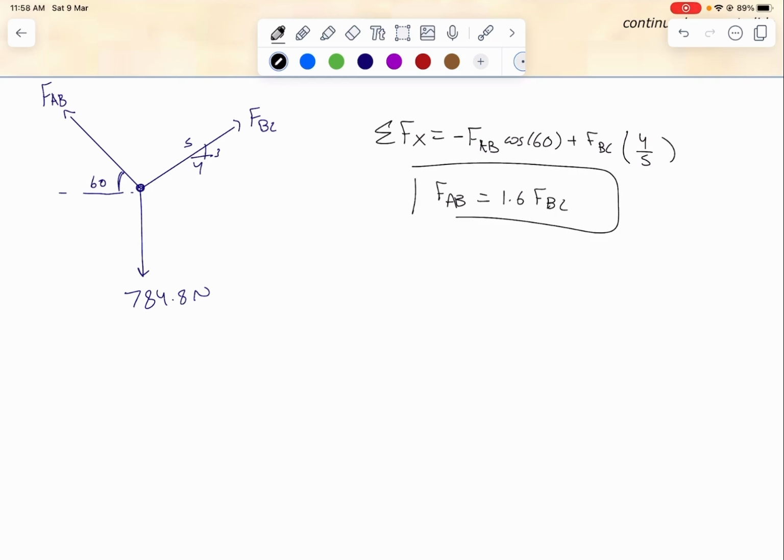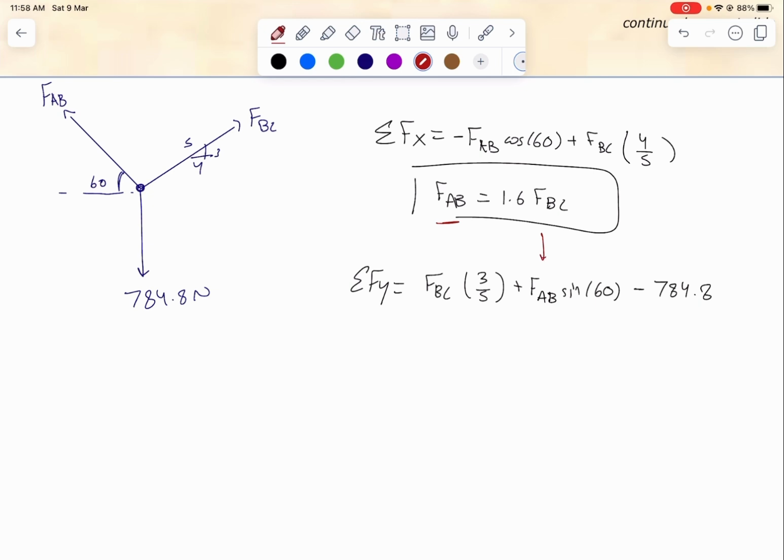Keep this one aside. Now we will go to summation of forces in the y direction. It's going to be FBC times 3/5 plus FAB sine 60 minus 784.8 equals zero. Now go back and we need to take a common factor in order to solve for one of them. So I will rewrite FAB as this.